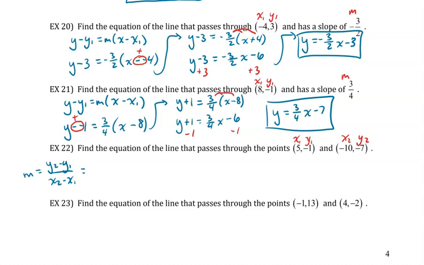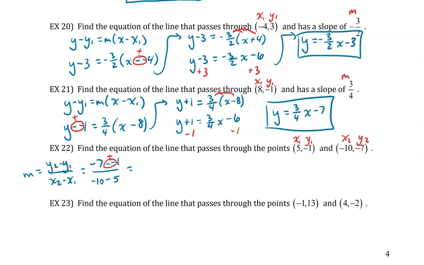So if we start plugging everything in, y2 is -7, minus y1 is -1, over x2 is -10, minus x1 is 5. So again, we got a minus a negative, so it's going to be plus.